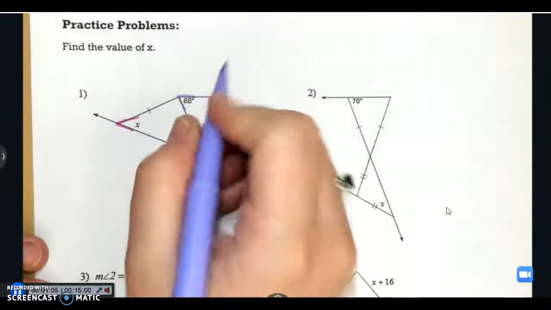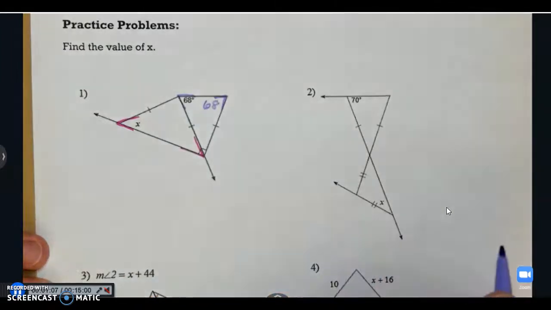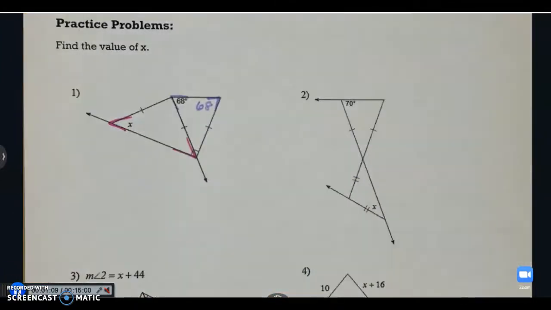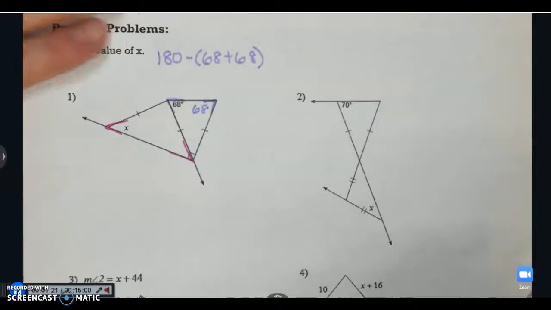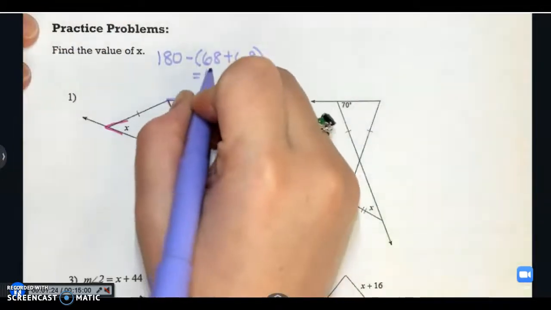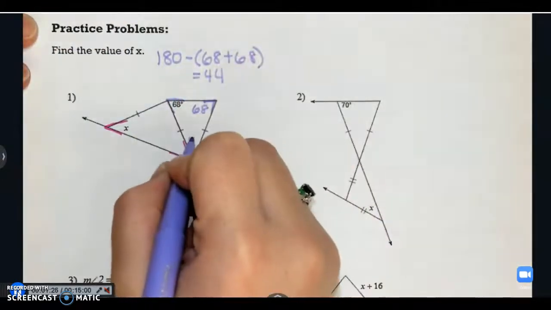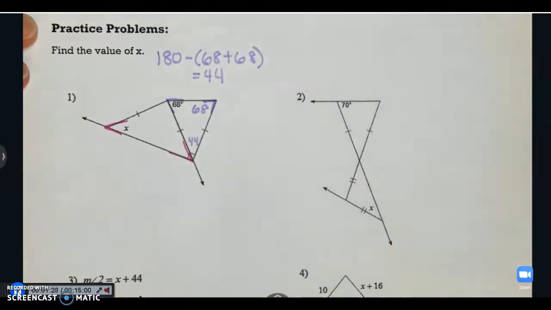So if this angle is 68, this angle is also 68. So if both of these angles are 68, I can find that last angle by subtracting the sum of those two angles from 180, because my three angles have to add up to 180, and that gives me 44. So this third angle in that triangle is 44.